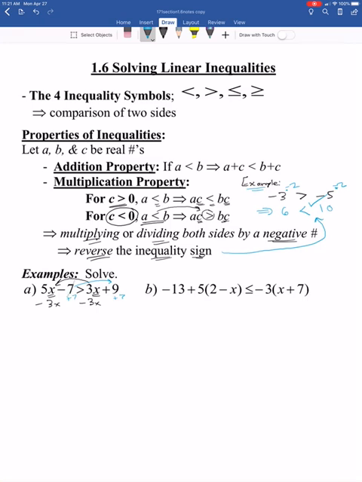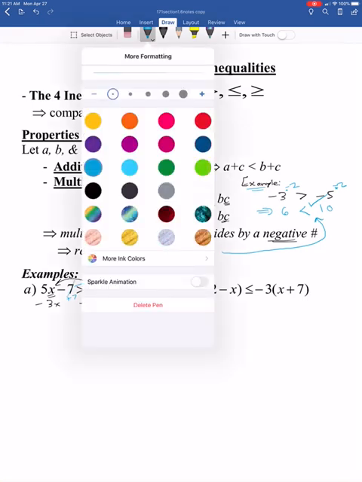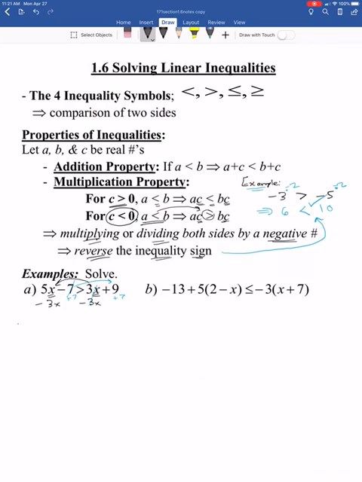As we do that, now our inequality is set up like we want it. We've got the x terms together on the left side by themselves. This is still a greater than inequality. Nothing has changed. We don't reverse anything. We have not multiplied or divided by a negative. We can add and subtract, which is what we've done, the addition property of inequalities. So right now we have 2x greater than 16.